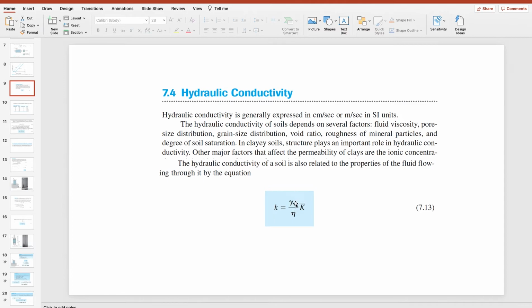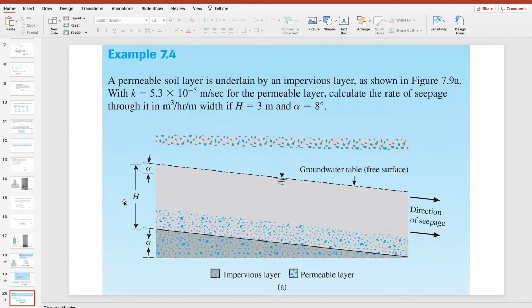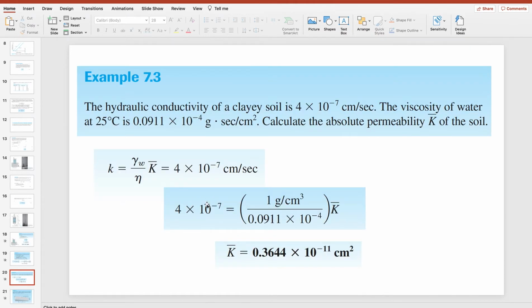K is equivalent to the unit weight of water divided by the viscosity times the absolute permeability. So copy that equation, place it here. 4 times 10 raised to negative 7, that is K, is equivalent to, since it is in centimeter, let's convert the kilonewton per cubic meter to centimeter.